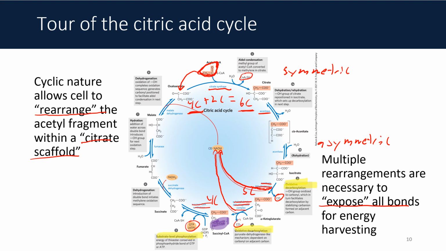So once we remove that CoA, we are left with the molecule succinate, and we are going to have another dehydrogenase act upon that intermediate, and it's going to oxidize succinate into fumarate. And if we're oxidizing succinate, we're reducing an energy carrier molecule. And the one that we are energizing or reducing is FADH2.